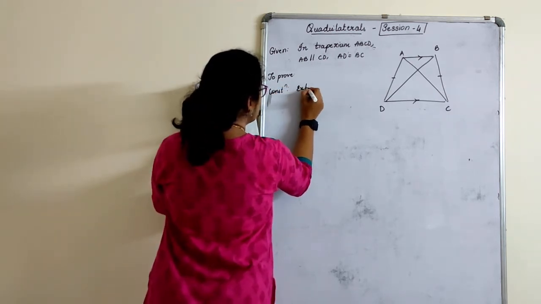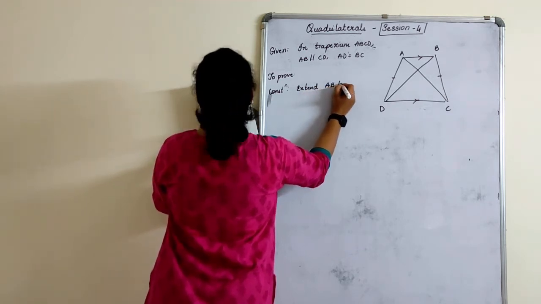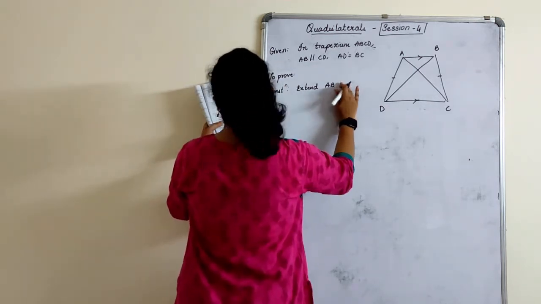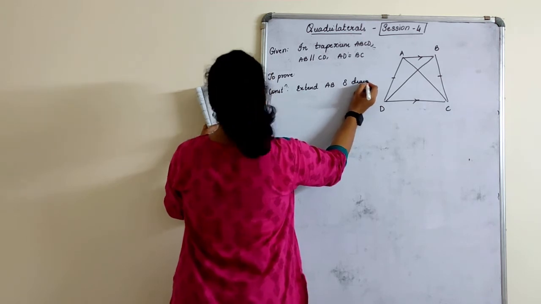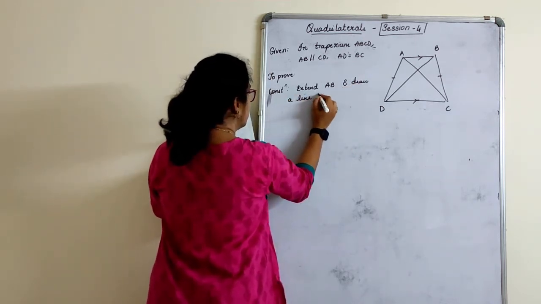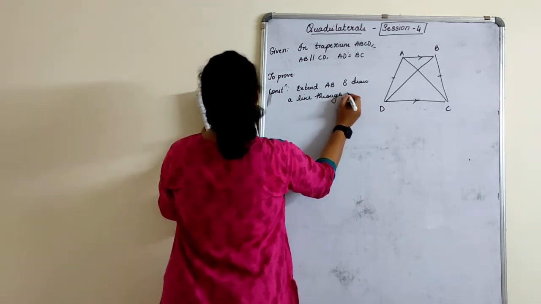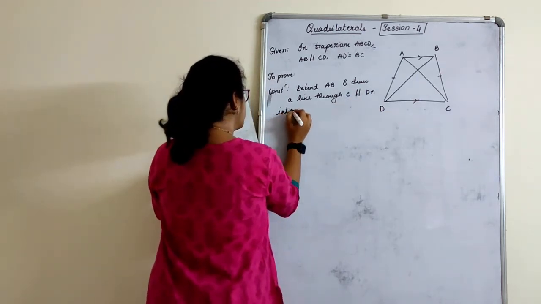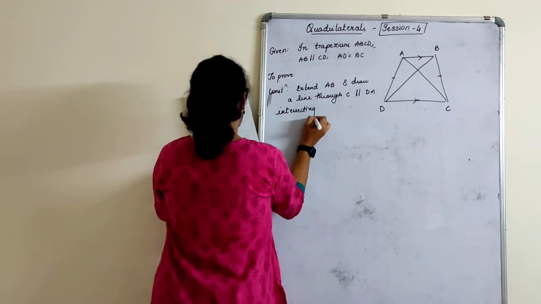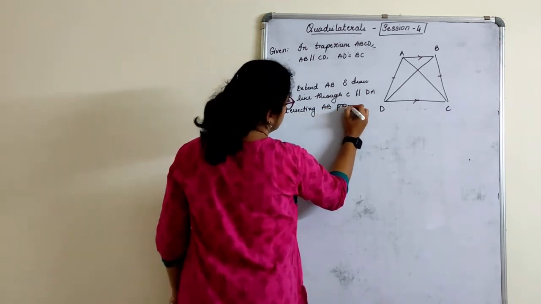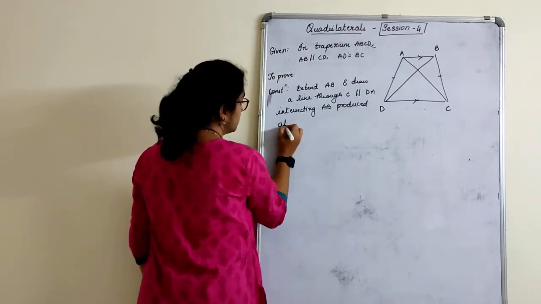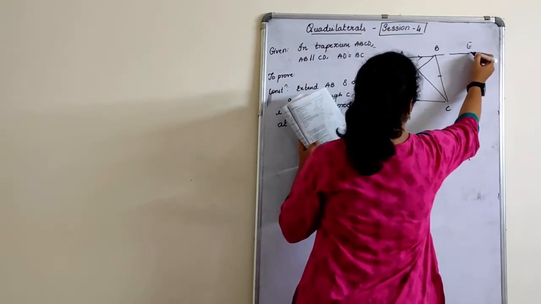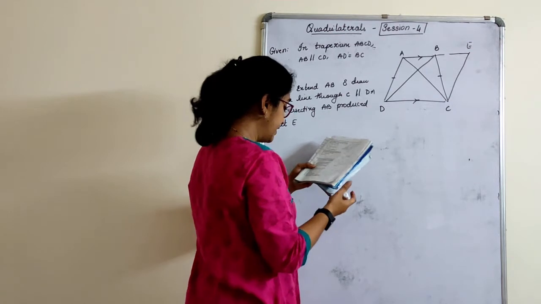Extend AB and draw a line through C parallel to DA intersecting AB produced at E. So this is E, what we have produced here, and this we need to join.